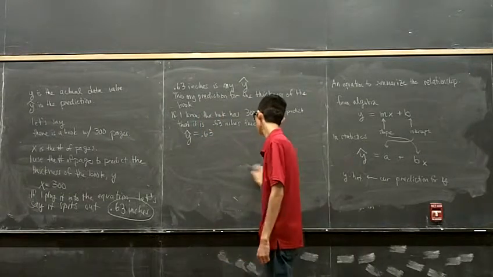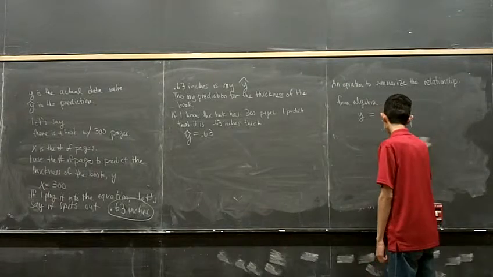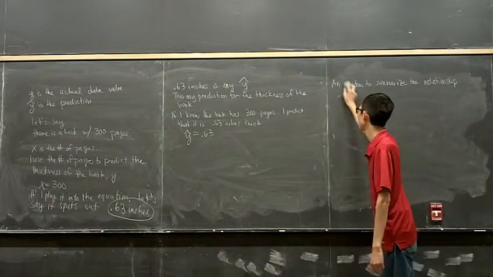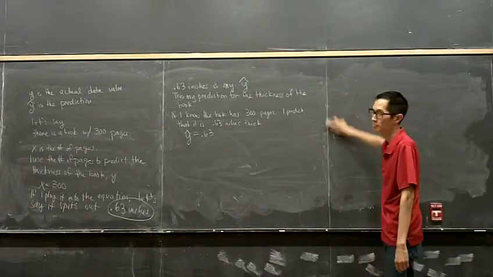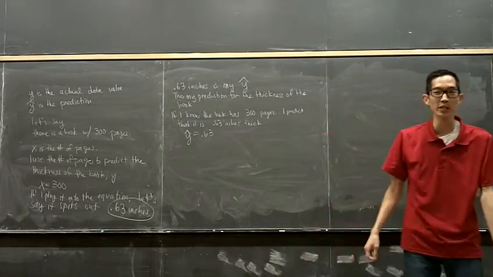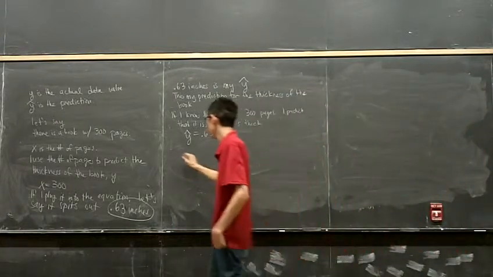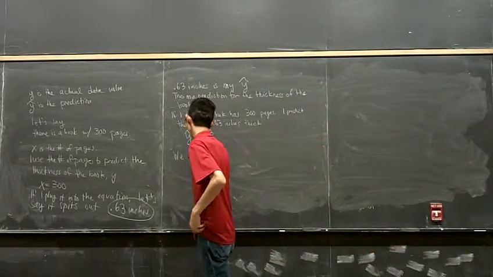Let's say we go and we take a ruler and we actually measure how thick the book is. How thick is this book? It doesn't matter, okay? I mean, it could be anything. We don't know. We go and we measure the book with a ruler.